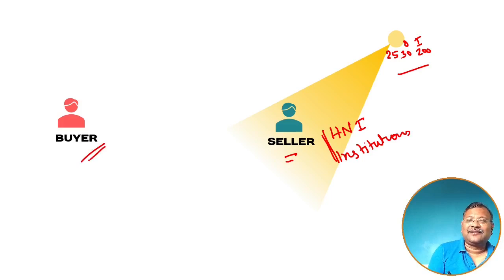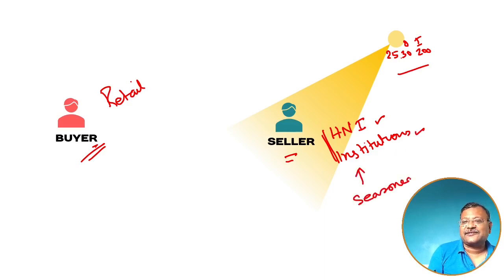The buyer is more often than not a retail player who has the capacity to suffer only limited losses. Now, since these are HNIs and institutions, remember, these people are seasoned traders.